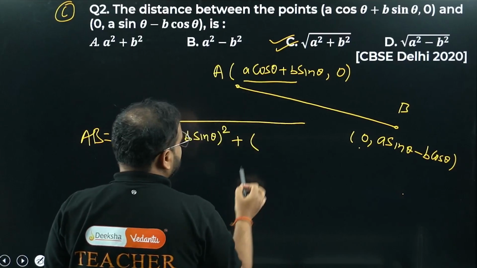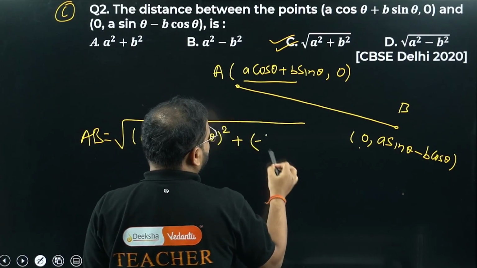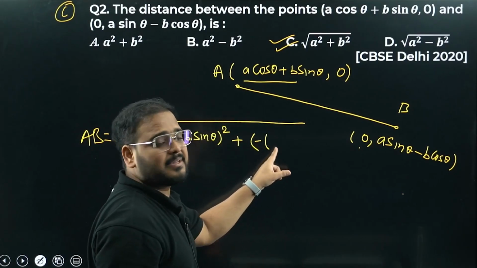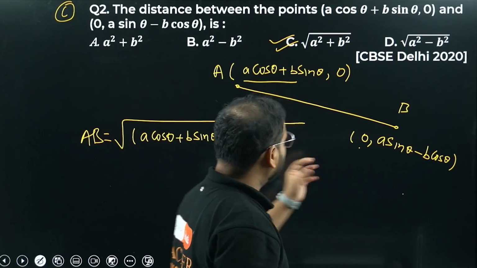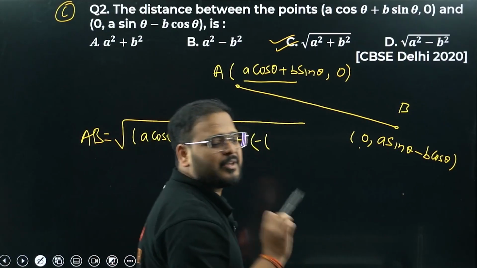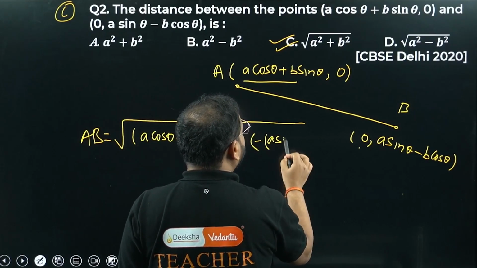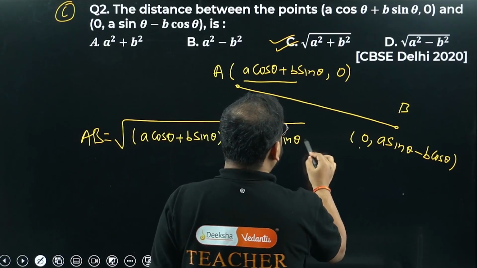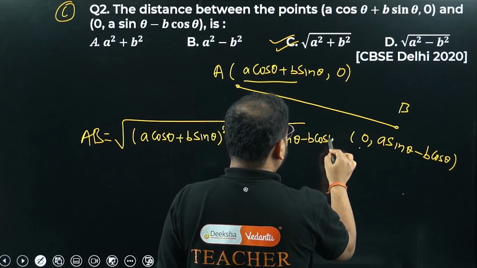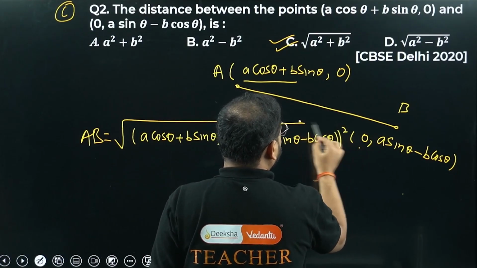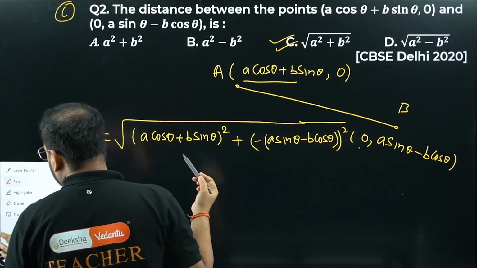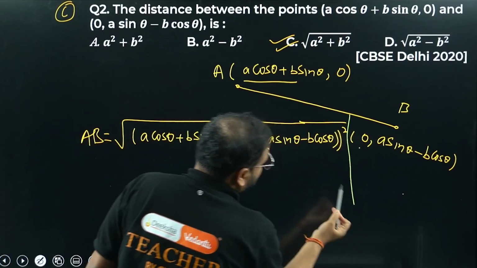If you want, you may have this confusion: sir, the minus sign will be there, no? 0 minus something is negative. It's okay because it's a whole square. The negative will be neglected, but I'll write it for you. So what am I going to get? A sin theta minus B cos theta, the whole square. This entire thing is under the root.